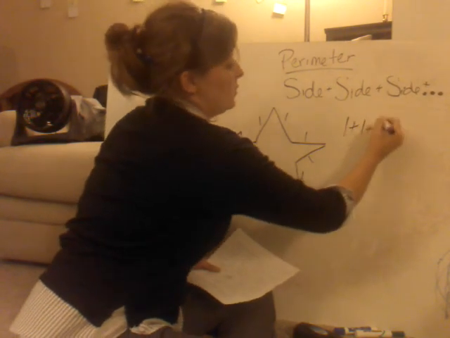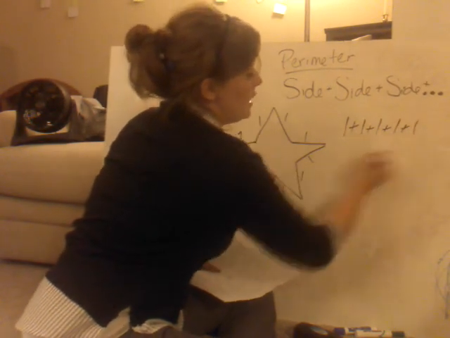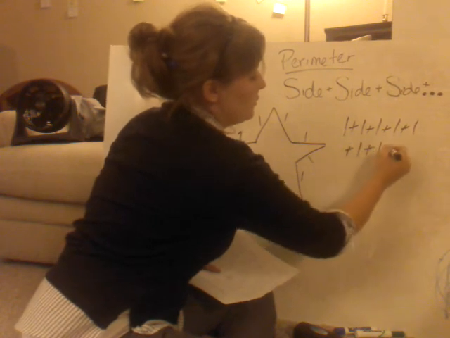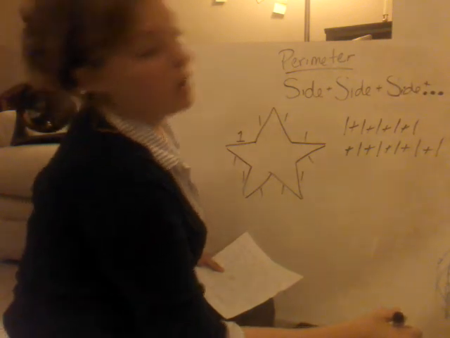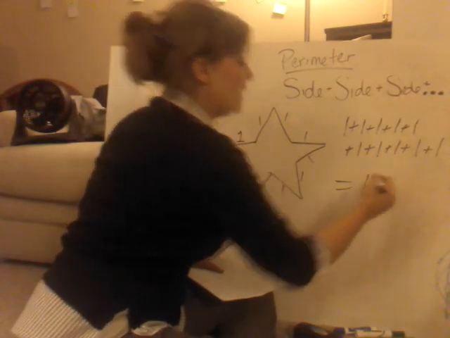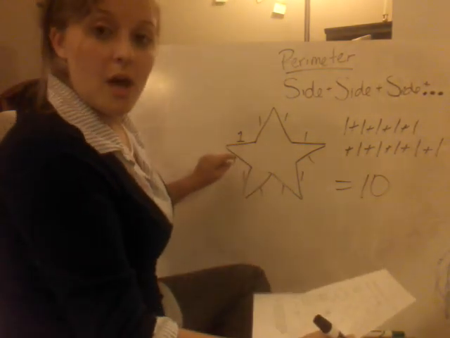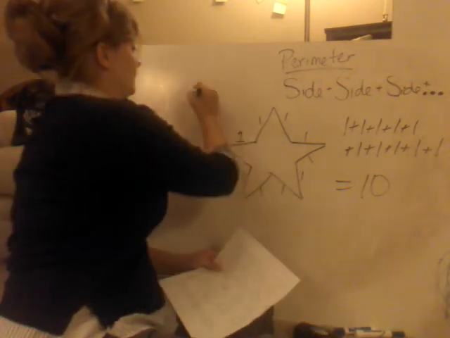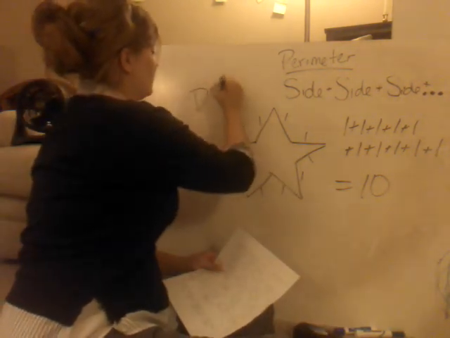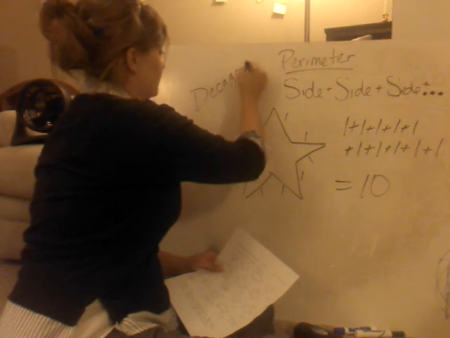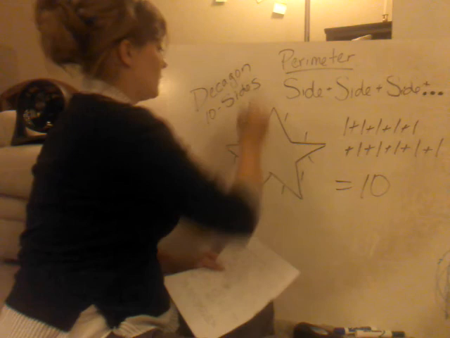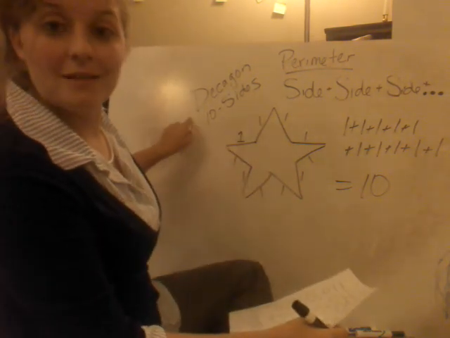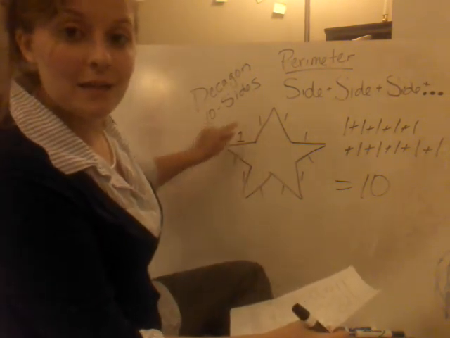But I add up all my 1s. 1 plus 1 plus 1 plus 1 plus 1 plus 1 plus 1 plus 1 plus 1 plus 1 equals 10. The perimeter of my decagon is 10. Deca means 10 sides.